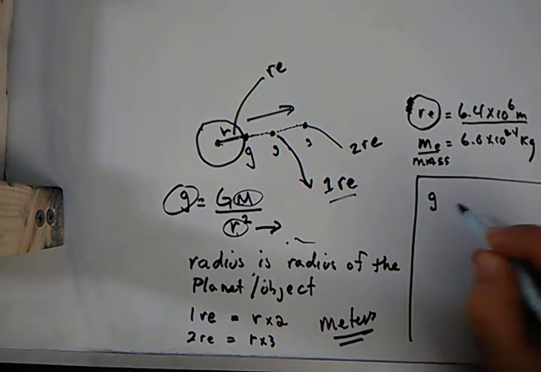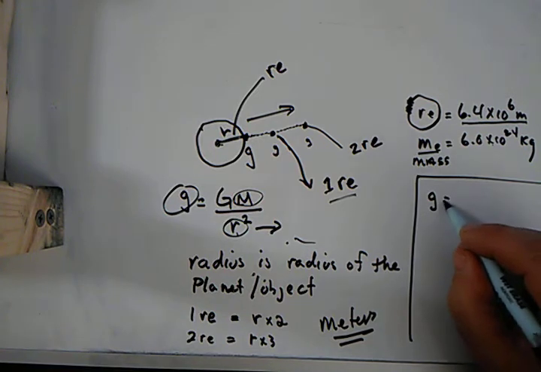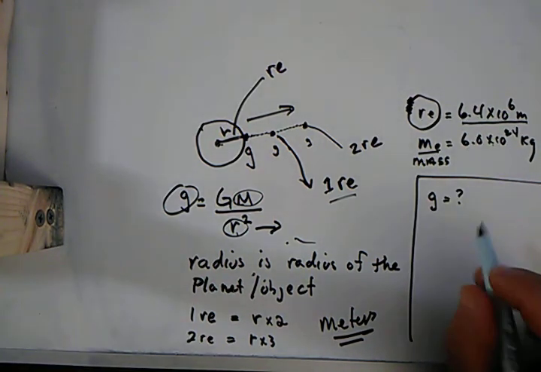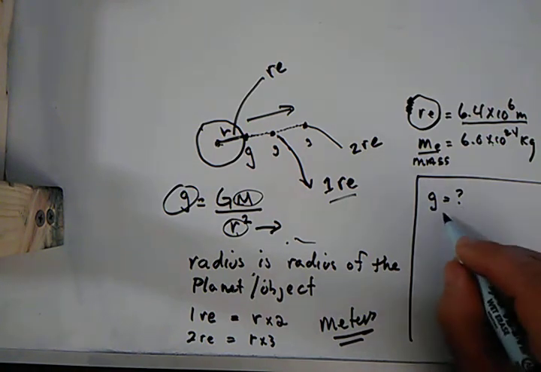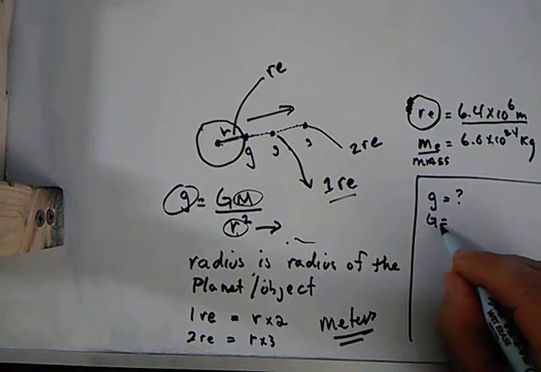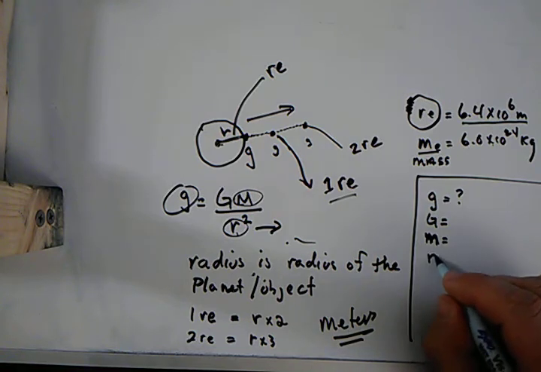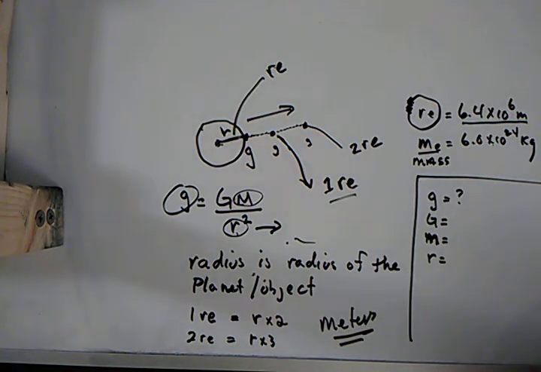Gravity of the Earth: we know that's 9.8, but let's pretend we don't know that. I know what big G is, the gravitational constant. I know the mass of the Earth, and I also know the radius of the Earth.